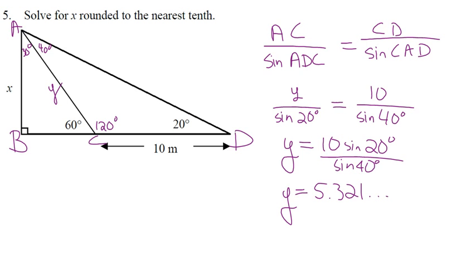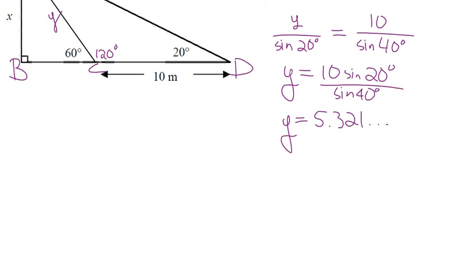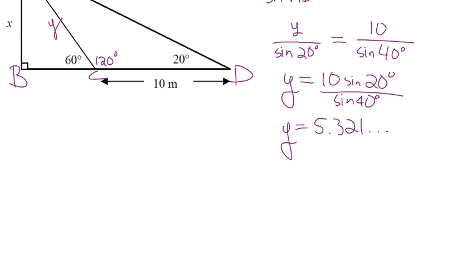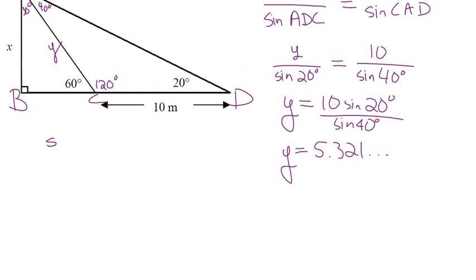So how are we going to find x? Sine of 60, what's that equal to? X over Y. Sine of 60 degrees equals x over AC. Let's call it Y, since we labeled it that.